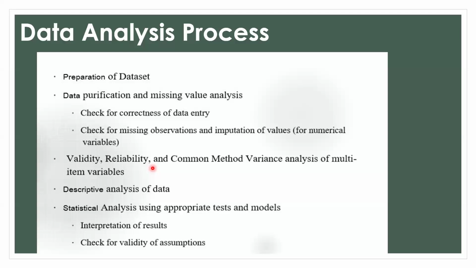Yes, it's because they are measuring a single variable. So, if a single variable is being measured by a number of items, that means all the items have to be measuring the same object. So then there should be high correlation.